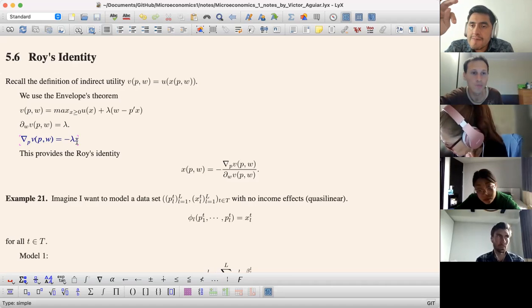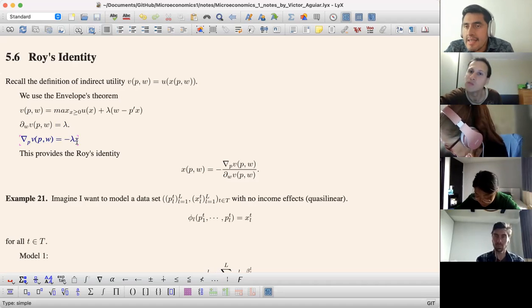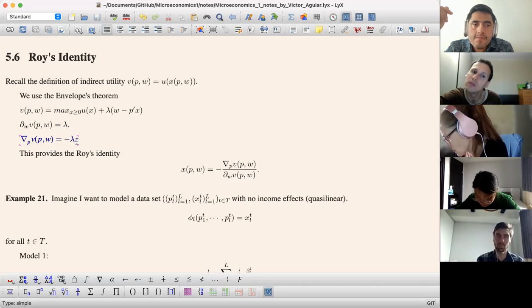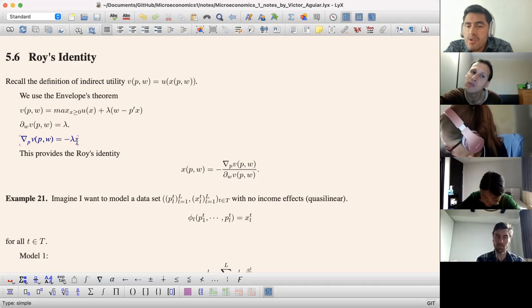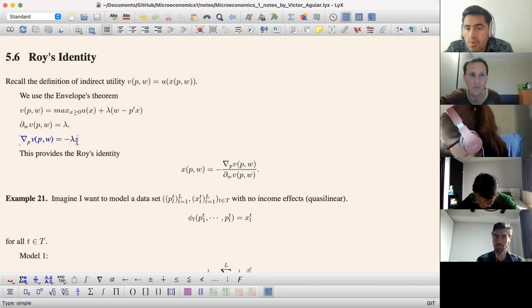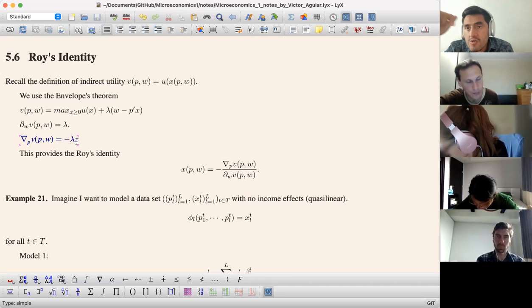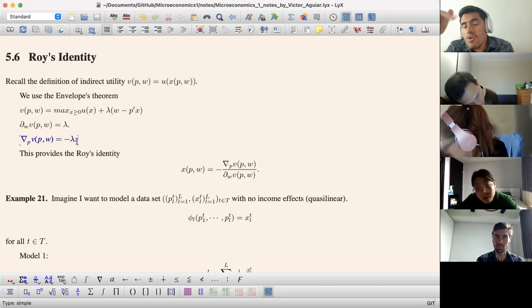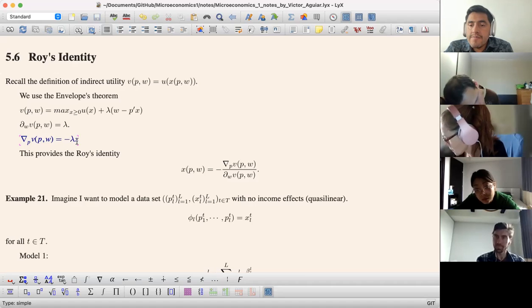So all of this is essentially what is the sign of this object, entry by entry. Lambda is positive, we know that. The Lagrange multiplier is always positive. X can be positive or zero, because it's a quantity that we assume is positive or zero. And then there is a minus on top. So this means this object is always minus or zero. Do you understand?